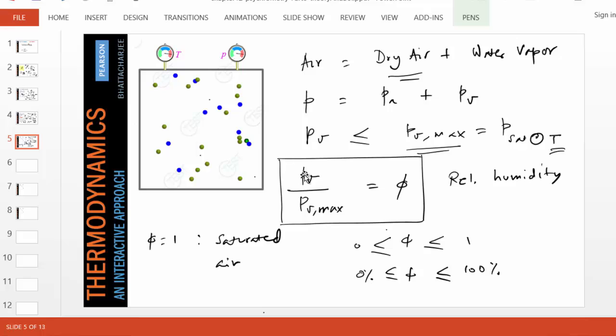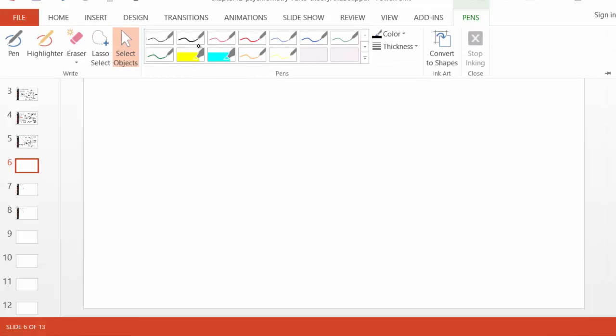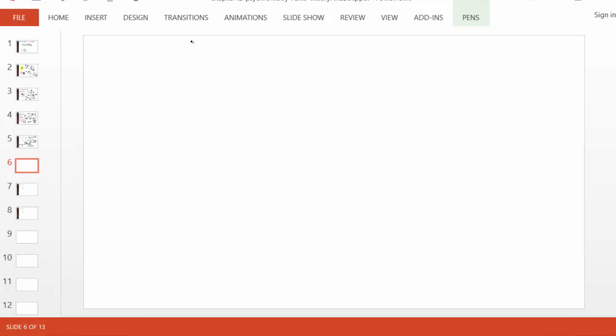Okay, so let's figure out how relative humidity really connects to the comfort we feel with regard to condition of air. So let's have a thought experiment. Let's say we have air at 25 degrees Celsius and 50% relative humidity. Immediately we know that means the vapor pressure will be what?